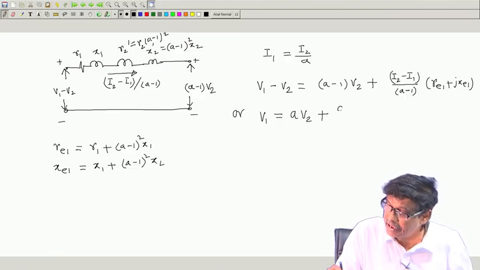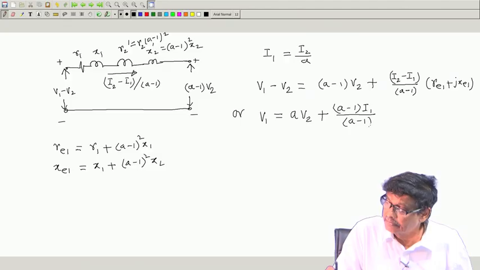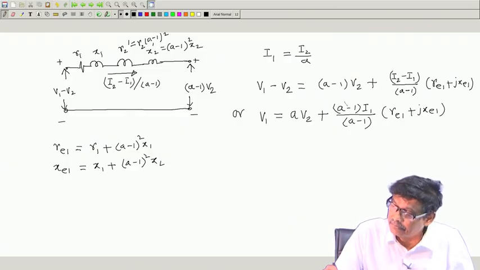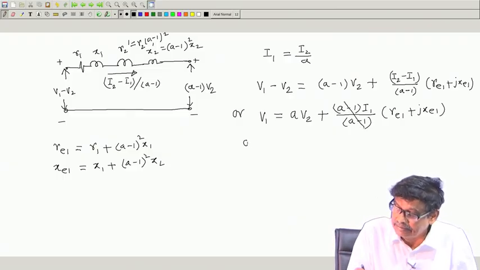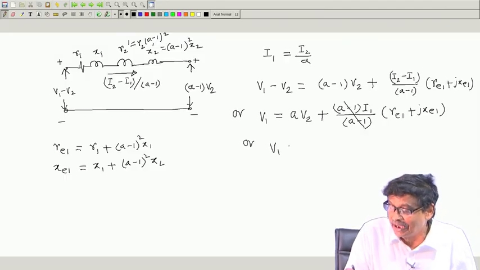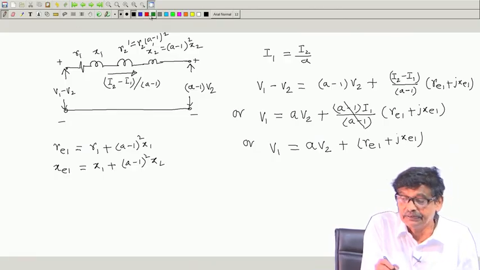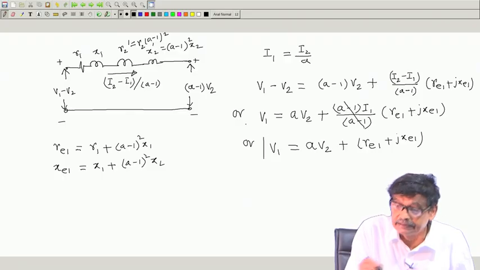So, it will be A minus 1 I 1 divided by A minus 1, and this is your R E 1 plus J X E 1. This will cancel out, and now I am happy. I have got an equation which is really what we are looking for.